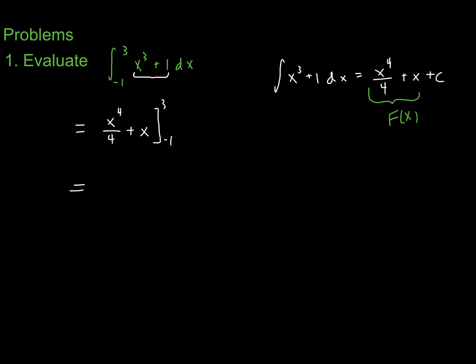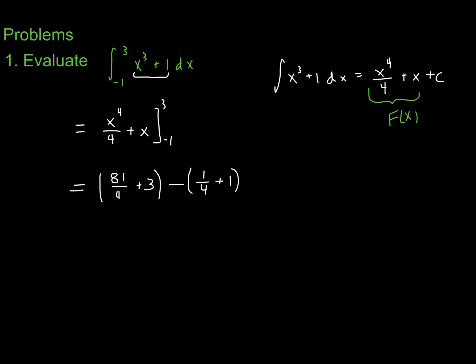First, I'm going to evaluate at 3. I'm going to put that in parentheses. I can do a little bit of work as I go. 3 to the fourth is 81 over 4 plus 3, minus, in parentheses now, -1 to the fourth is +1, so I have 1/4 plus 1.